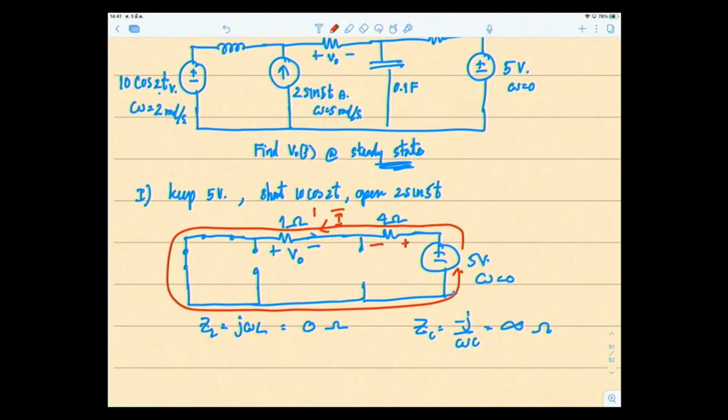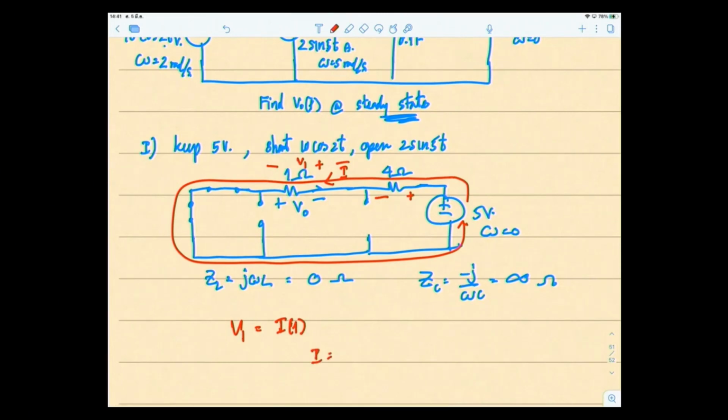If I write this as V1, the voltage drop across 1 ohm, then V equals IR, so I times 1.